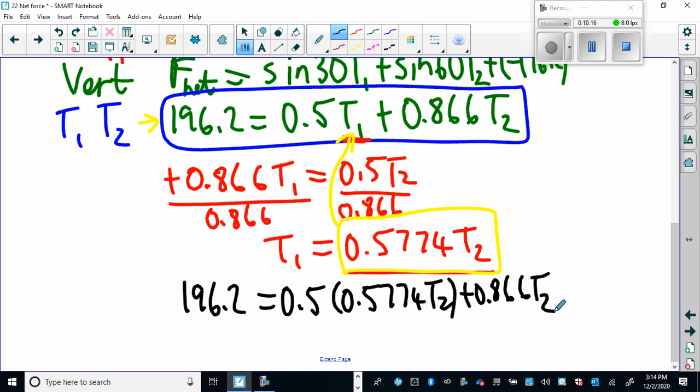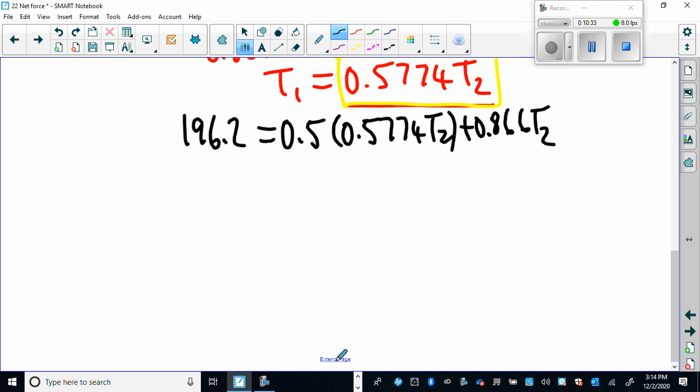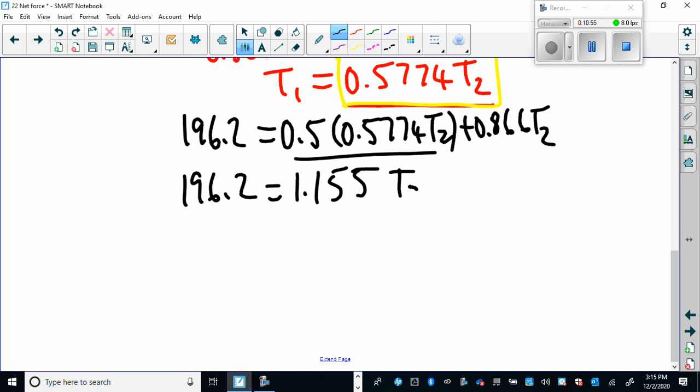Okay, and again, you might be saying, oh, it's looking really complicated. It's just a lot of decimals, but really, that's just like saying 3 equals 5 times 6x plus 9x. It's actually a very simple math equation that you can solve with relative ease. So multiply these two numbers together, then add those. So you get 196.2 equals 0.5774 times 0.5, plus 0.866, equals 1.155 T2.